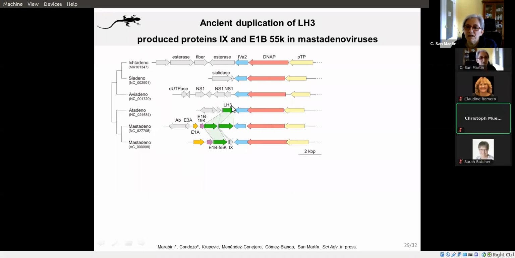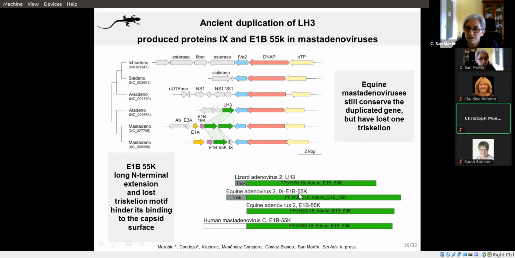But it turns out that at some point during evolution of adenoviruses, the LH3 gene was duplicated, and actually there are some mammalian adenoviruses, found in horses, that still keep the two copies of the LH3 gene, one that has already lost the triskelion and the other one still keeps the triskelion.